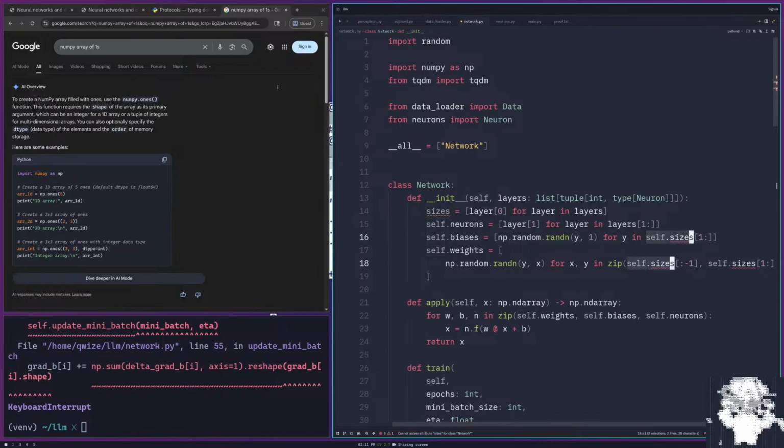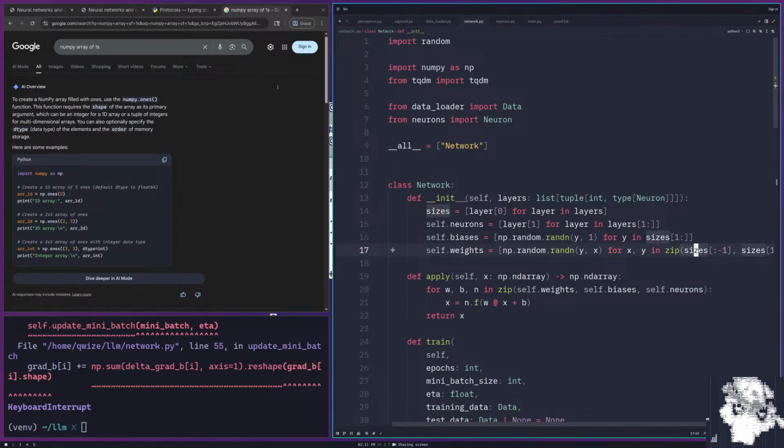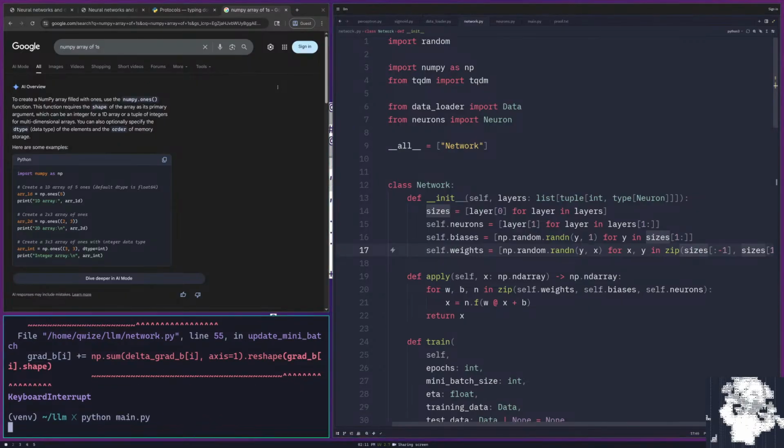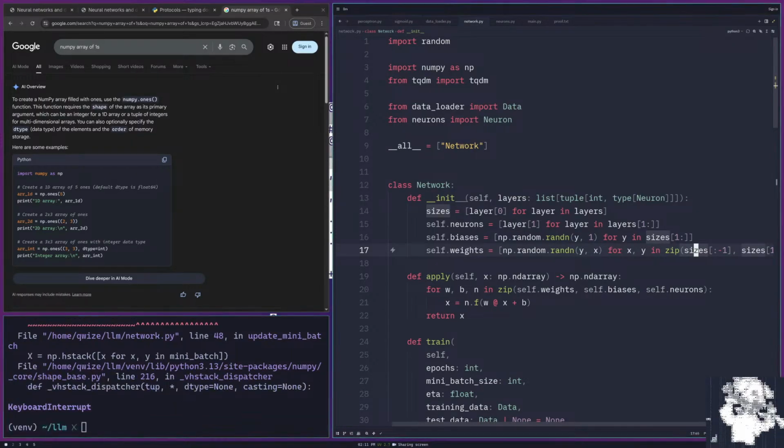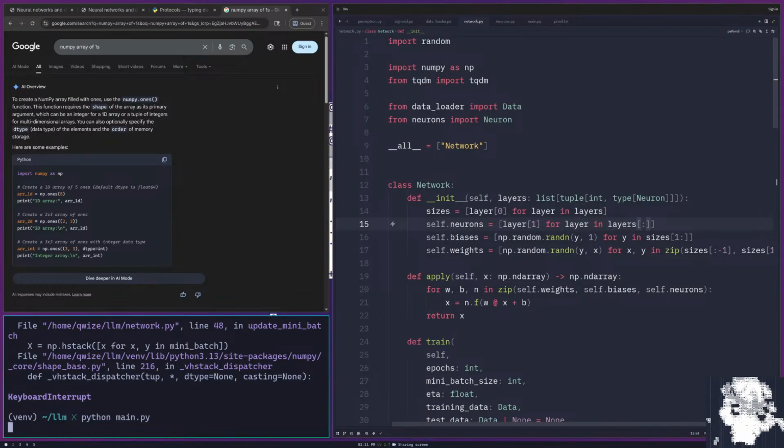So I'm not going to make this be self.sizes because we don't need to remember them. It's not raising the exceptions. But if I get rid of this, will it start raising exceptions?